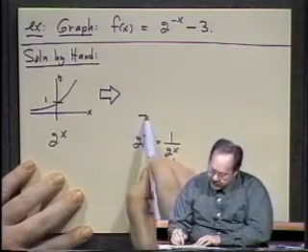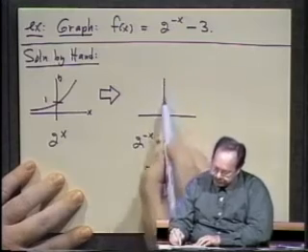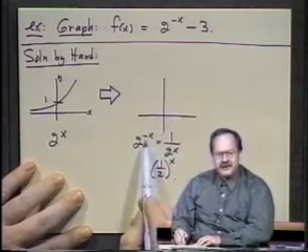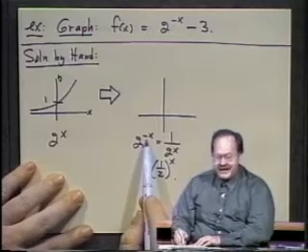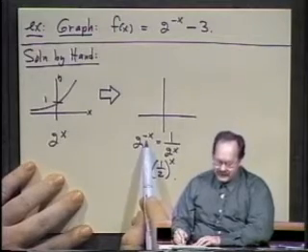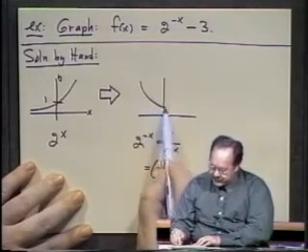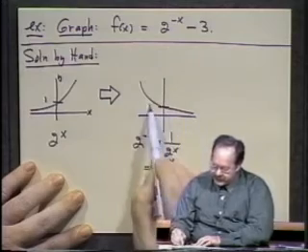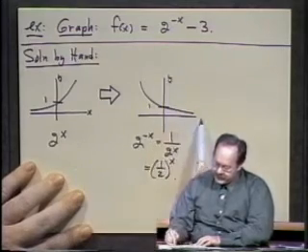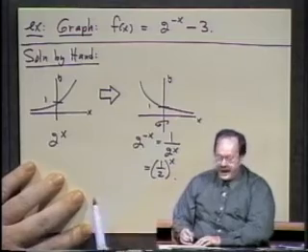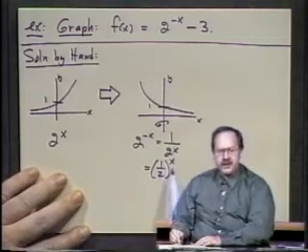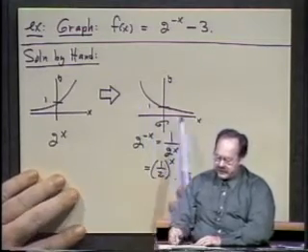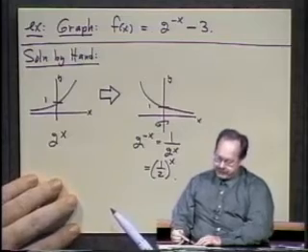So that suggests what's going on here. It also confirms that putting a minus x in place of x is a reflection across the y-axis. So we get both observations out of this. And here is what the picture now looks like. It has been reflected across the y-axis, or you can think of it as (1/2) to the x, which is an exponential function that is decreasing like that.